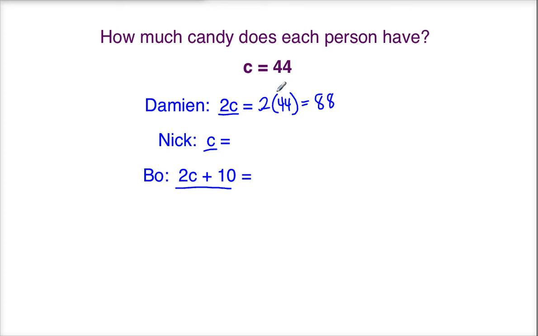Nick, it's just C, which is 44. So Nick had 44 pieces. He got the short end of the stick there. And Bo had 2 times 44 plus 10. So that's 88 plus 10, which is 98. So Bo won. He had 98 pieces of candy. So that's just an example of how we can use a picture to solve an equation and all the information that we can get after we've solved.